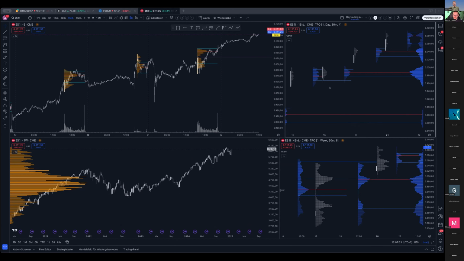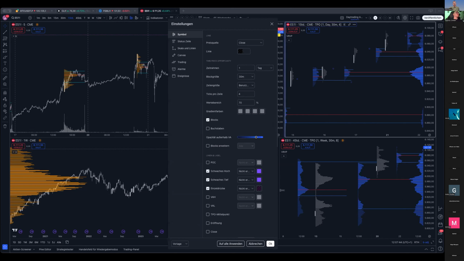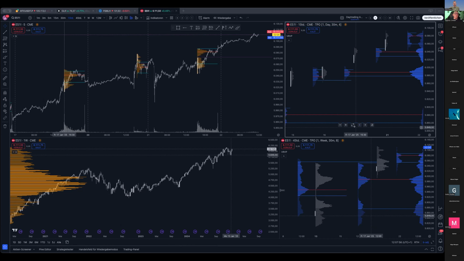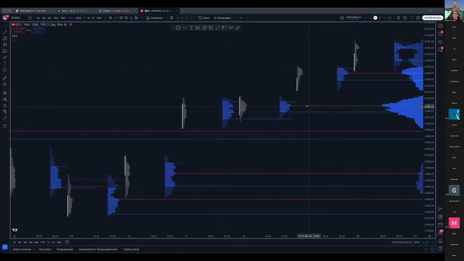As you can see in this chart on the top right, I prefer the daily profiles, and down here the weekly profiles. In this chart you can also choose the cash session and the size of the TPOs. So you can choose the regular trading hours, and when you change the asset, it automatically adapts to the underlying asset.